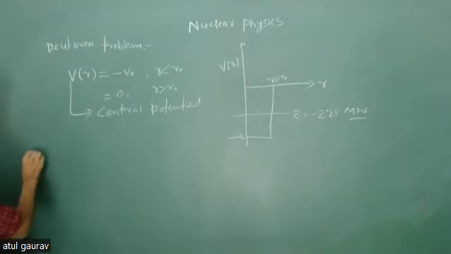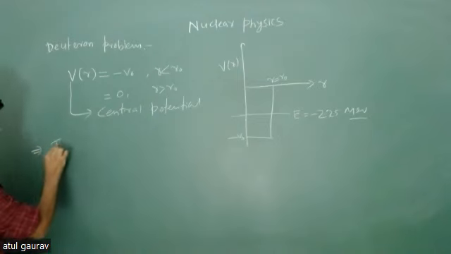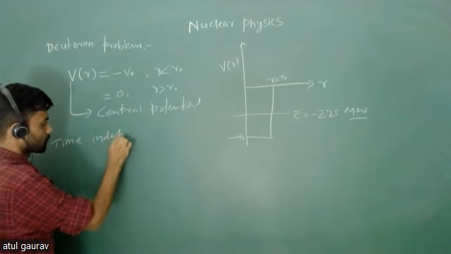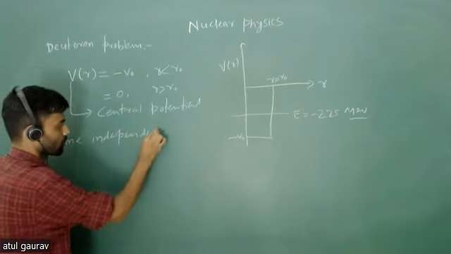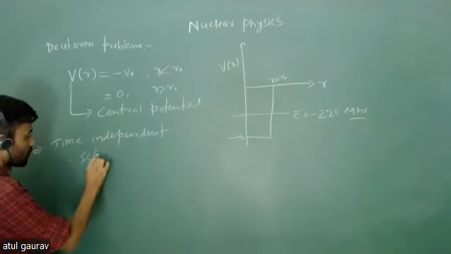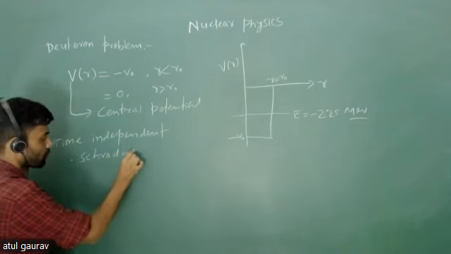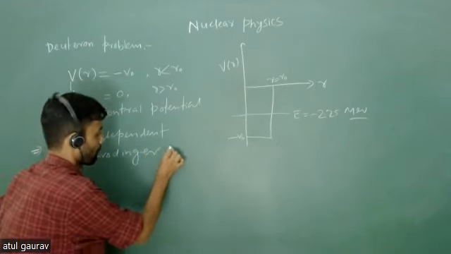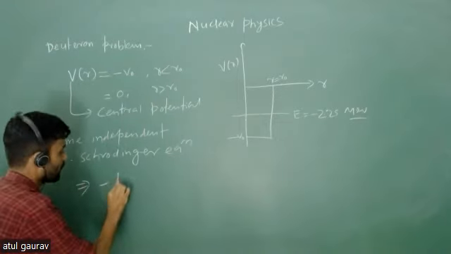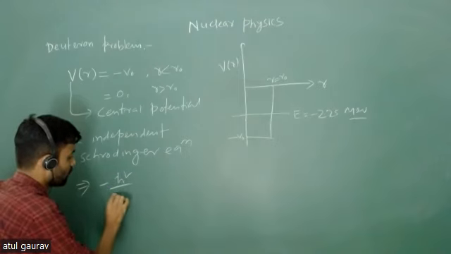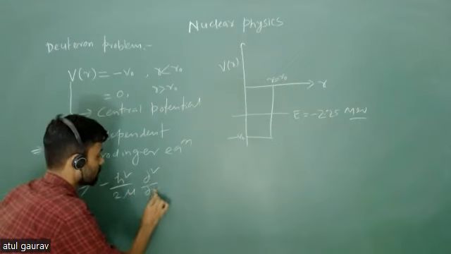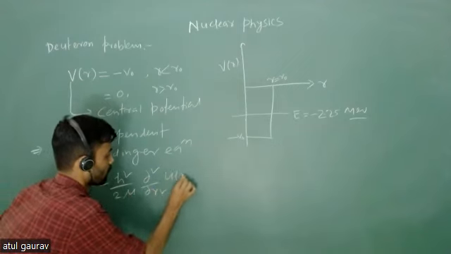Now if you write the time independent Schrodinger equation, it will be minus h cross square by 2 mu, del square by del r square u of r.